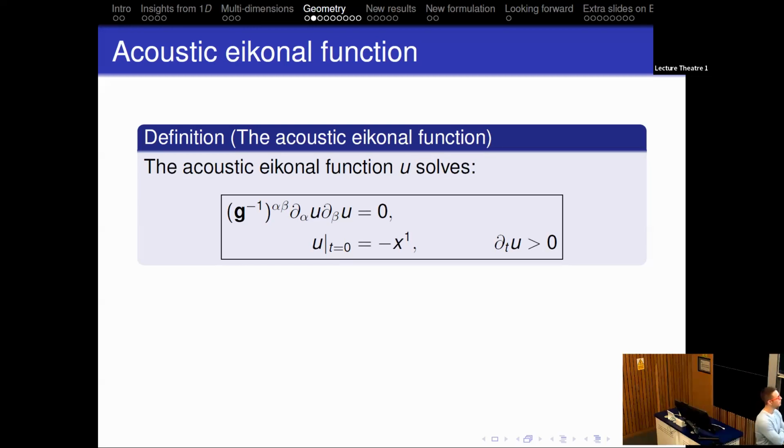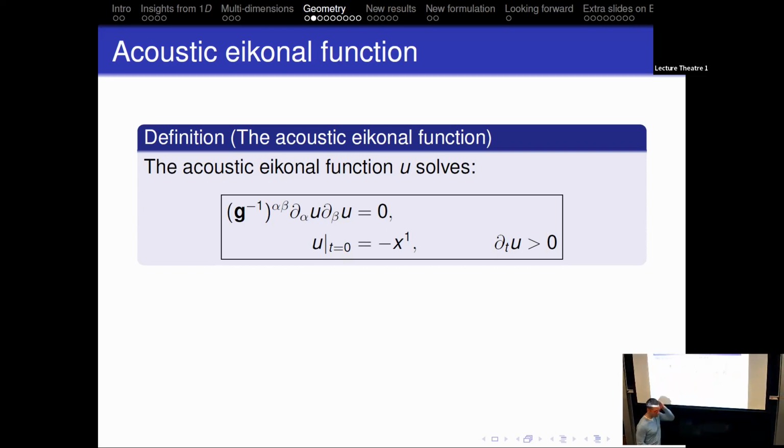And Alinhac was the first to introduce this in multi-dimensions in the context of shock formation. So basically, Alinhac was the first to use eikonal functions to really follow the solution all the way to a singularity. And these eikonal functions played a fundamental role in Christodoulou's work as well. They certainly play a fundamental role in what I'm doing with Leo.